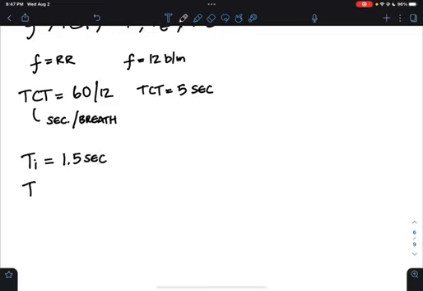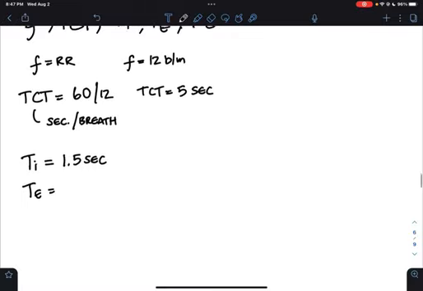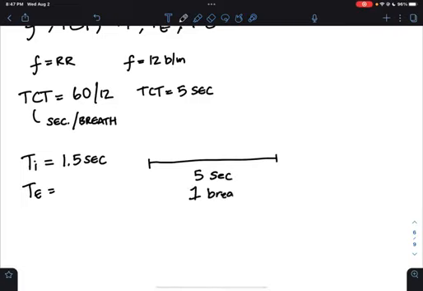How do we get the E time? Pretty easy. You just subtract the I time from the total cycle time. If I drew the line, this whole thing is 5 seconds for one breath, and this would be your I time, which is 1.5 seconds. You just need to find your E time, which is this part.